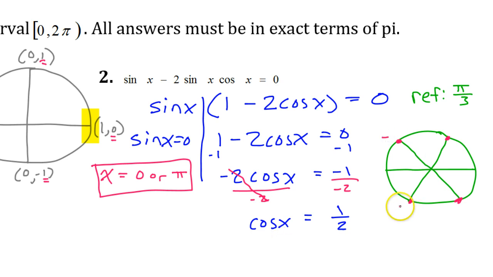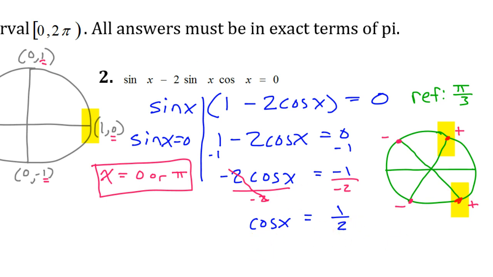So these two values on the left, the cosine of these angles will be negative, and the cosine of these angles will be positive. X values are negative to the left and positive to the right. So in this case, we want a positive 1/2. So that means these two angles will be the solutions to this equation.